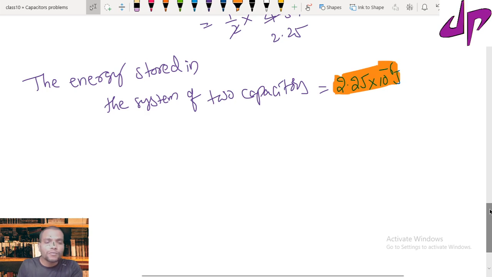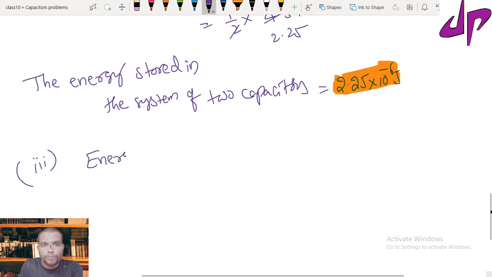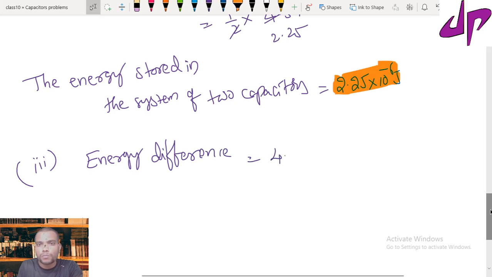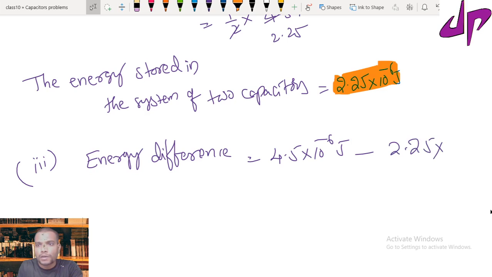Now the third question, where the difference in the energy has gone. If I write the energy difference for the third question, it equals 4.5 times 10 power minus 6 joules minus 2.25 times 10 power minus 6 joules.